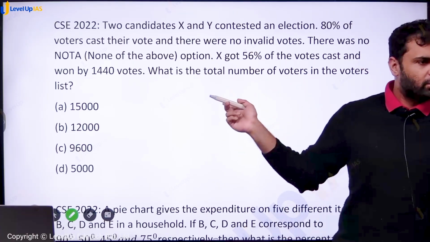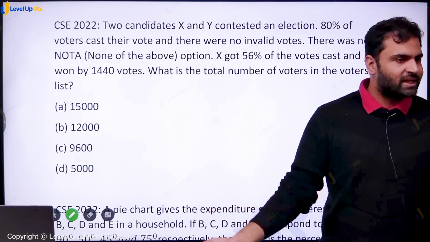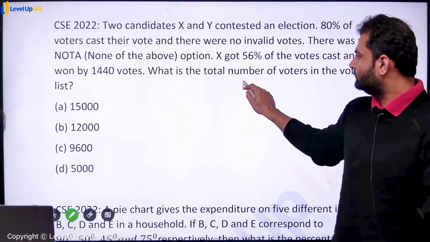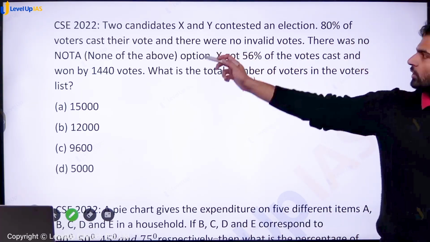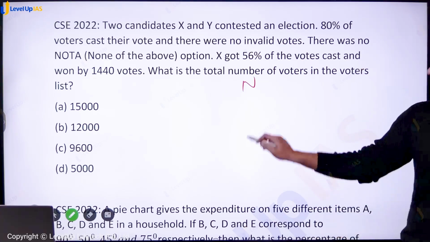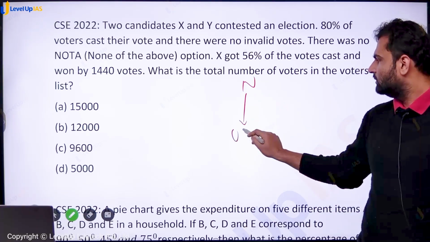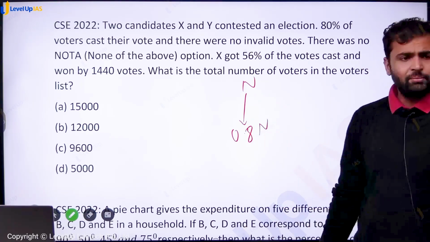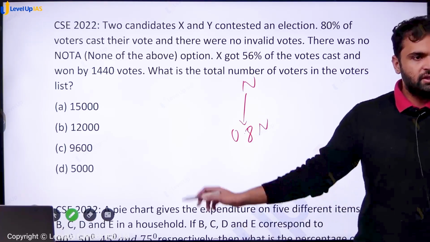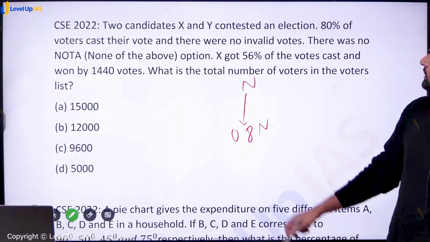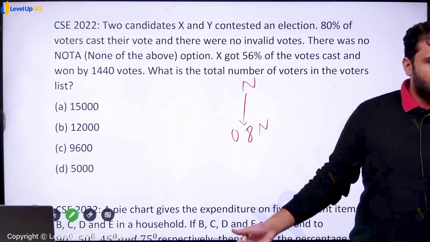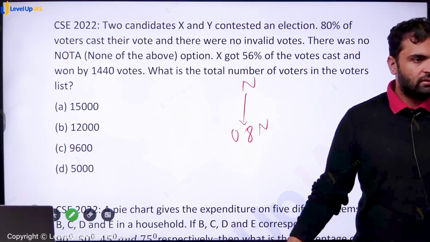Total number of, we have to find total number of voters. So let us assume that as n. Next they are saying 80% voters casted their vote. So how many is 80%? 80% is 0.8. These many people casted their votes. And what the question is saying is, there are two people x and y. There is no nota, right?